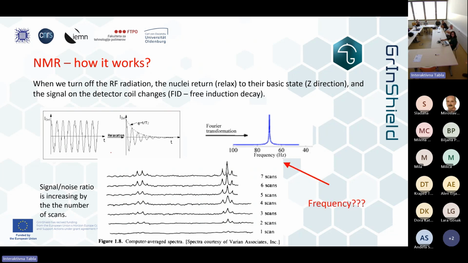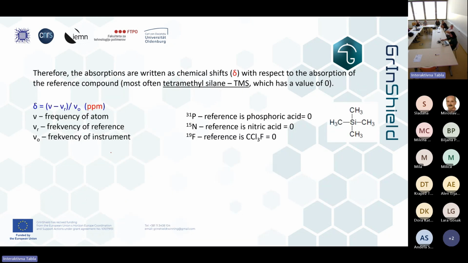So now I said here, we get frequency, but what I said before, frequency depends on the magnet we use. So every NMR works at a slightly different or strongly different magnet. So we would get results at different frequency, which is not very good.